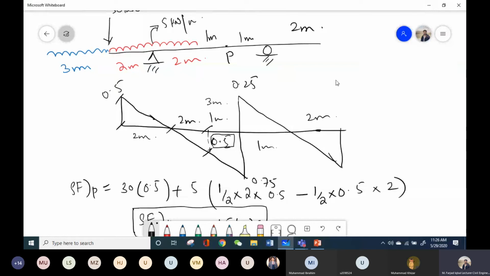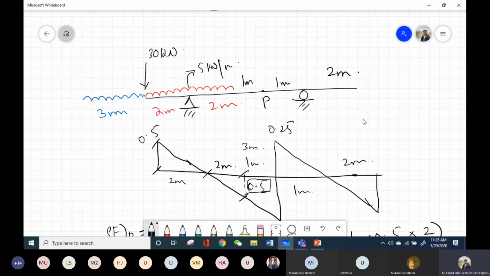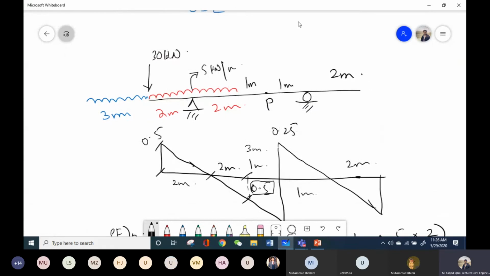So now let's say in trial 3, I will place this UDL in such a way that only 2 meter length is acting inside the beam and 5 meter is outside the beam. So 2 meter length is only inside the beam.